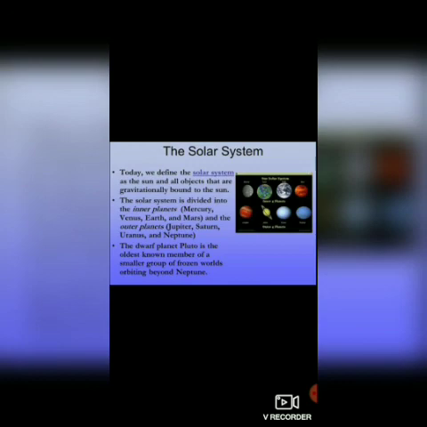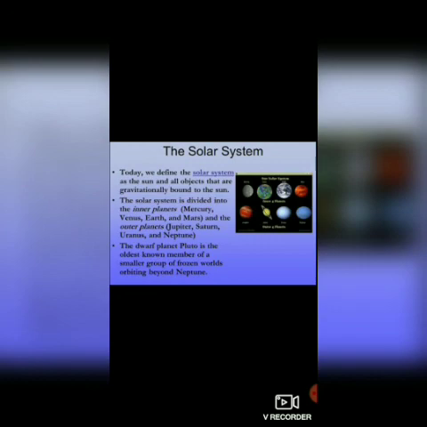It is divided into the inner planets, Mercury, Venus, Earth, and Mars, and the outer planets, Jupiter, Saturn, Uranus, and Neptune. The dwarf planet Pluto is the oldest known member of a smaller group of frozen worlds orbiting beyond Neptune.